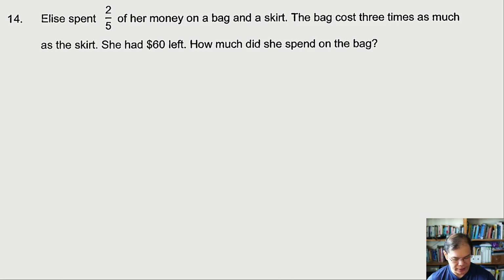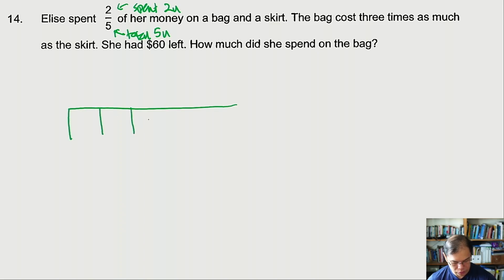So let's break down the problem into its small little parts. Elise spent 2/5 of her money on a bag and a skirt. So total 5 units, and she spends 2 units on both items, the bag and the skirt. 1, 2, 3, 4, 5.